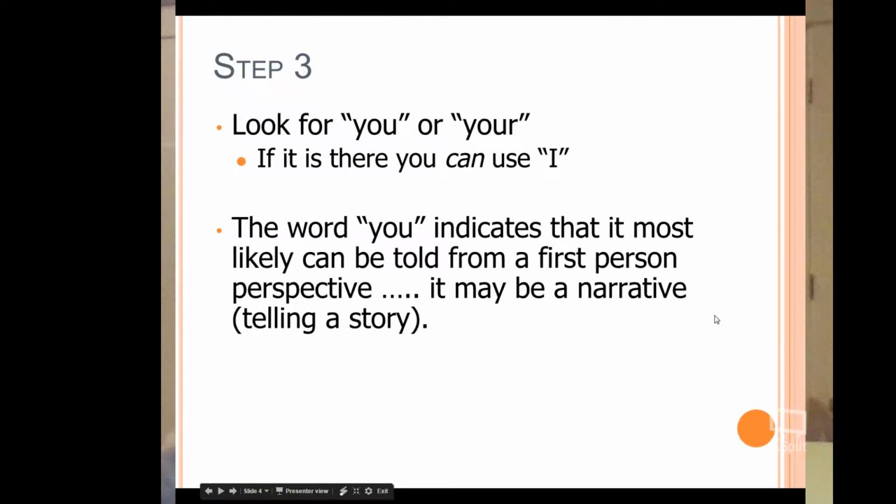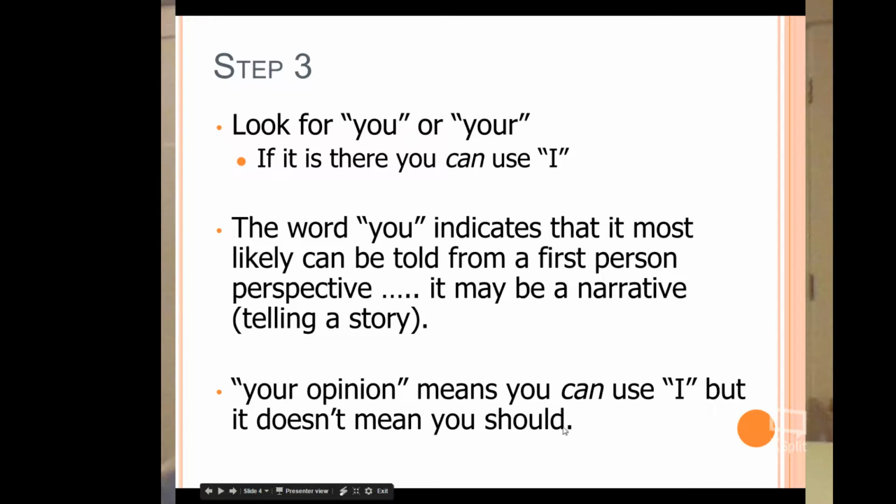The word you indicates that it most likely can be told from a first-person perspective. It may be a narrative, telling a story. Your opinion means you can use I, but it doesn't mean you should. Like I said, using I, you, or your is like the black plague.